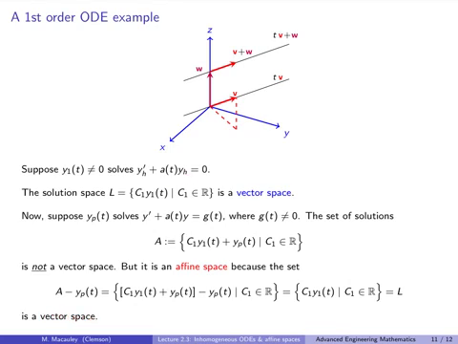So there's really no difference between these linear ODEs and these lines and planes. It's just what we're calling them. Here we're calling them V and W, and down here we're calling them y1 and yp.